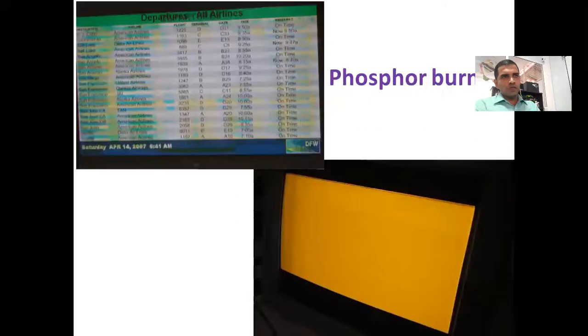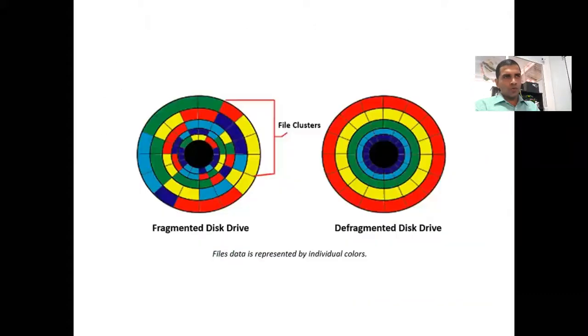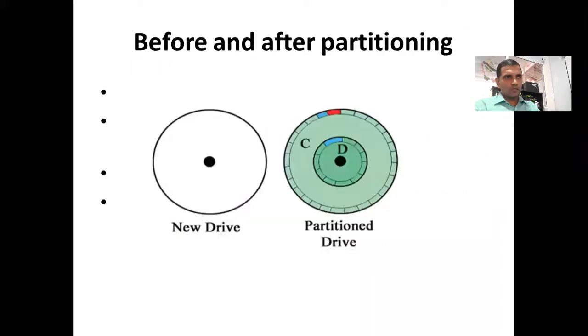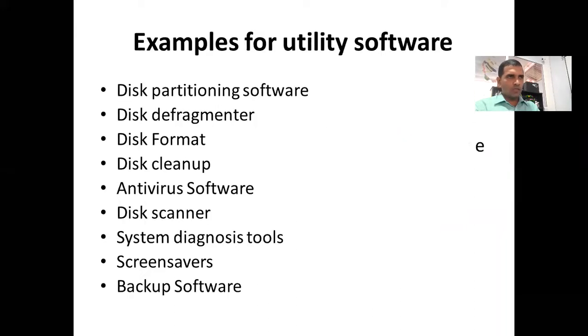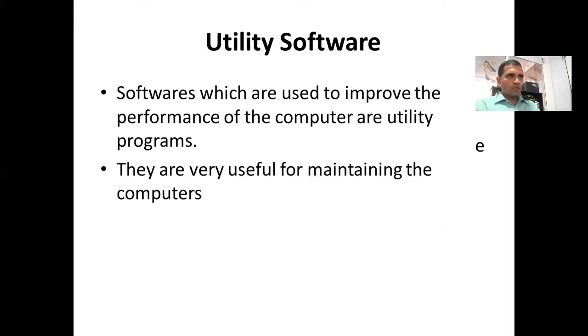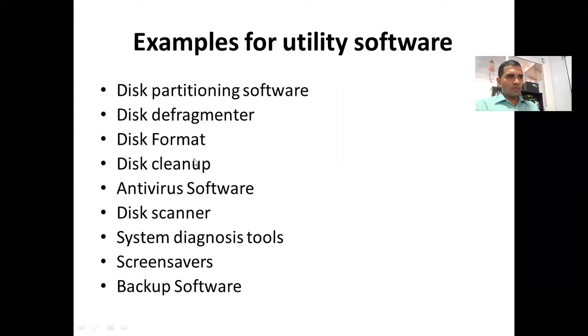Okay, so these are the utility programs that you have to remember. Let's take them again. Software is used to improve the performance, right? So there are many. Partitioning software we discussed, right? Defragmentation we discussed.